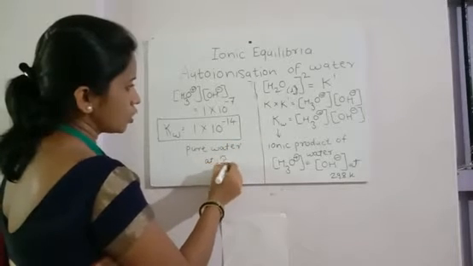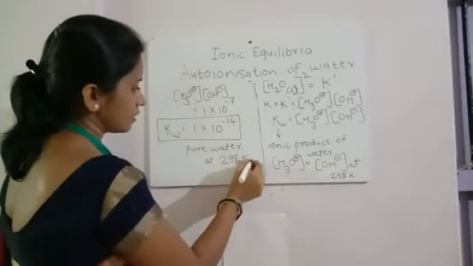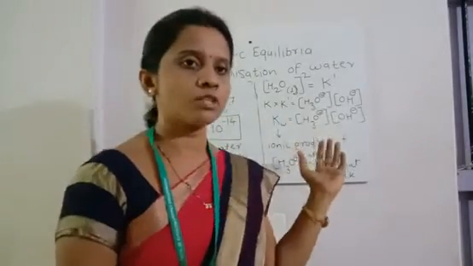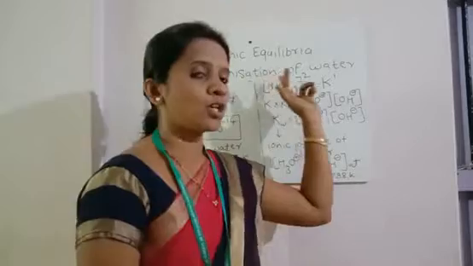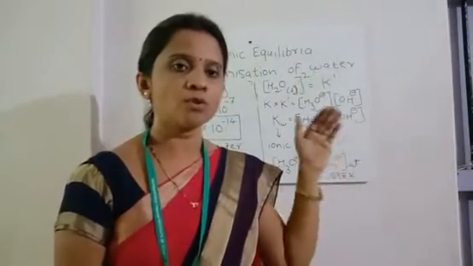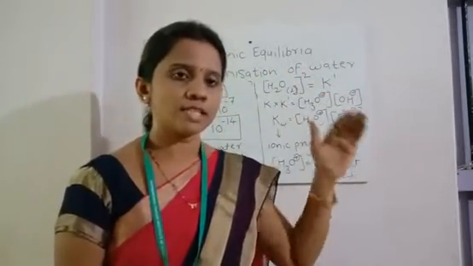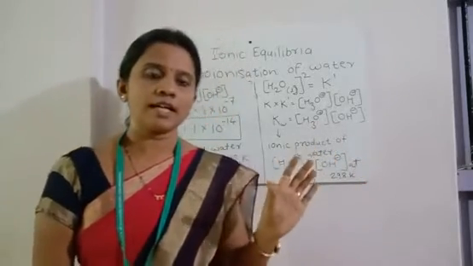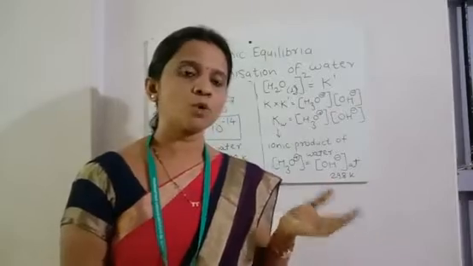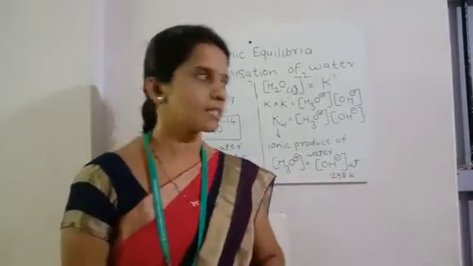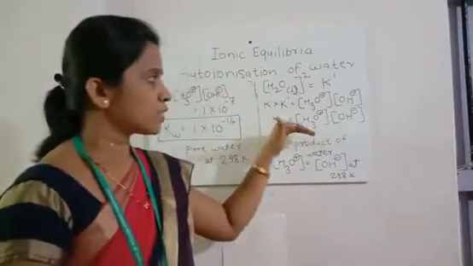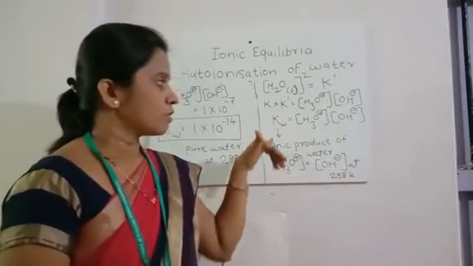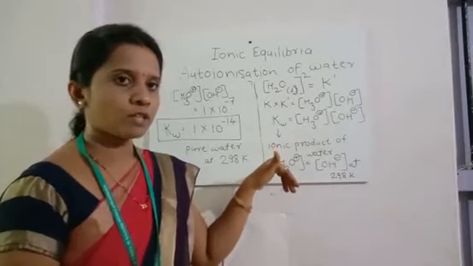at 298 Kelvin. So this is the expression, and the reaction is called auto-ionization of water. So what are the steps? First, writing down the reaction, and there is formation of H3O plus and OH minus ions. Then Kw is equal to H3O plus and OH minus, which is the ionic product of water.